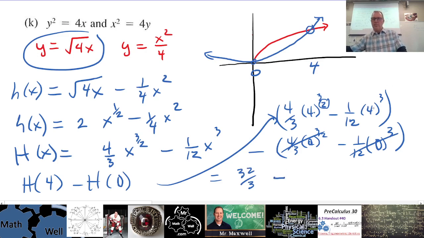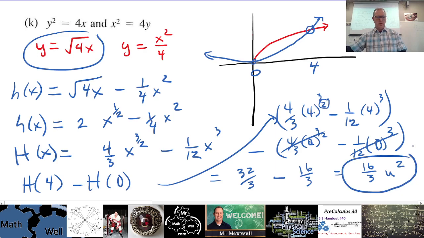Minus, this is going to be 4 cubed, 64 over 12, which simplifies to 16 over 3. Units squared. All right. Double check everything there. I think everything looks good now.